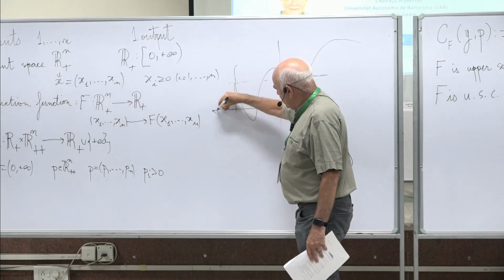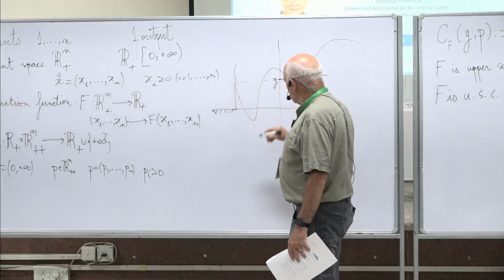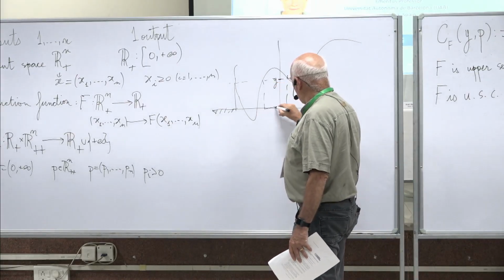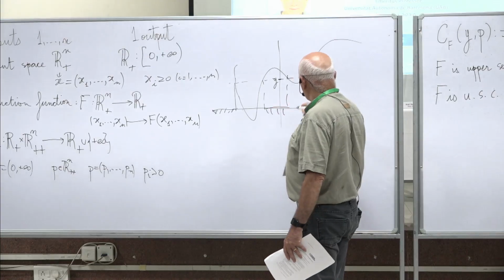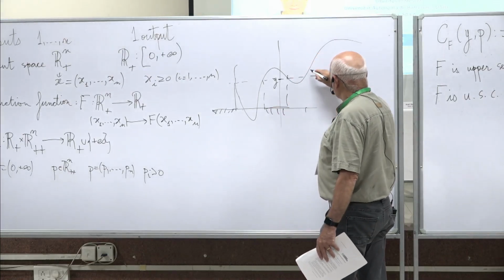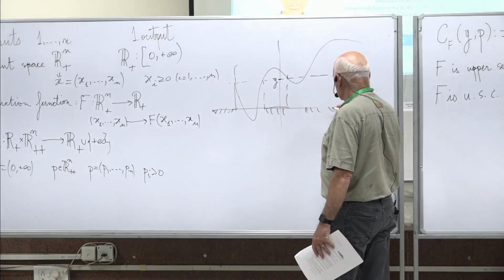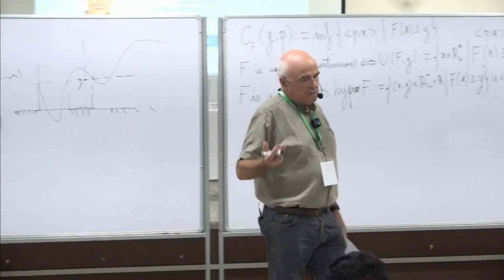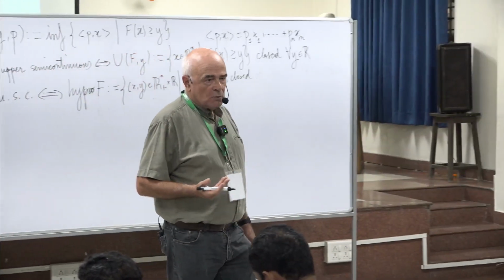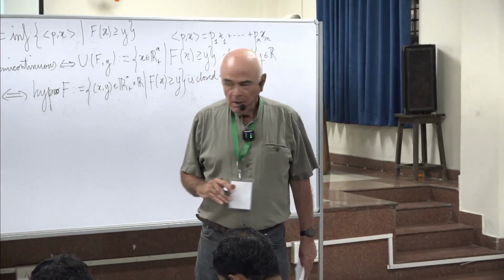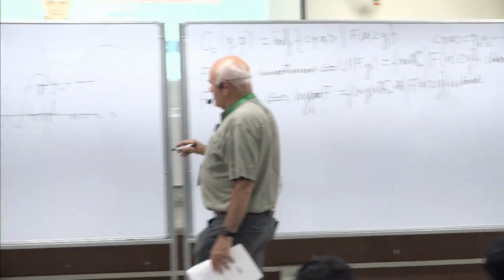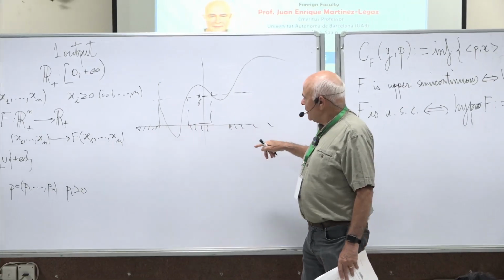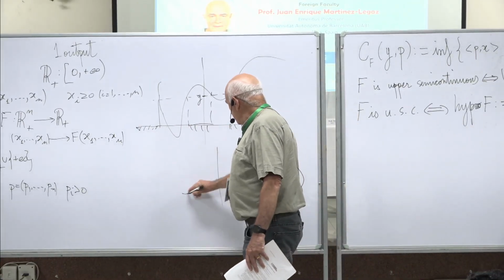So it will be all this half line together with this interval, okay, and this half line. The set of points where the function takes a value larger than or equal to the given level y. As you say, this is in the domain of the function. The hypograph is something very different.